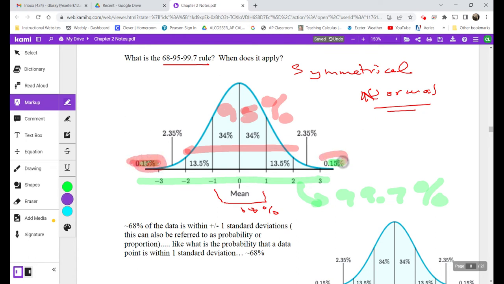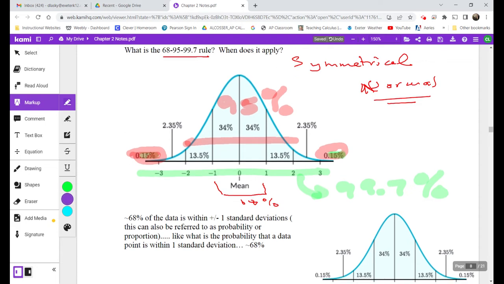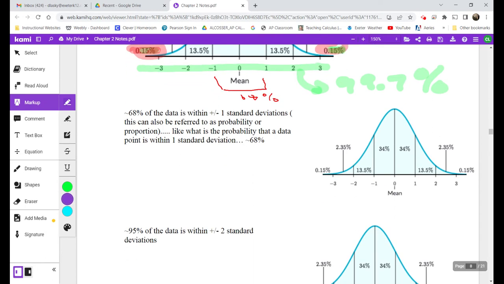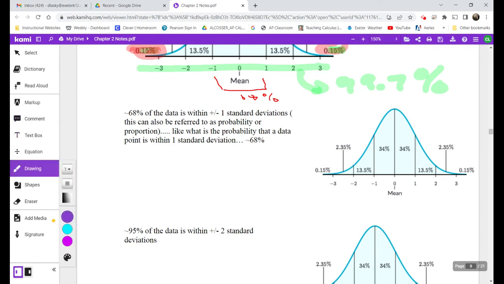Okay, so that's what the normal rule, or the 68, 95, 99.7 rule, is. So the idea is this: when it asks for probability or proportion within a certain number of standard deviations, you're going to say, what's the probability that a data point is within 1 standard deviation?